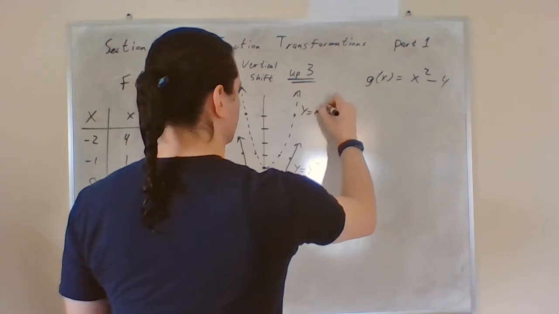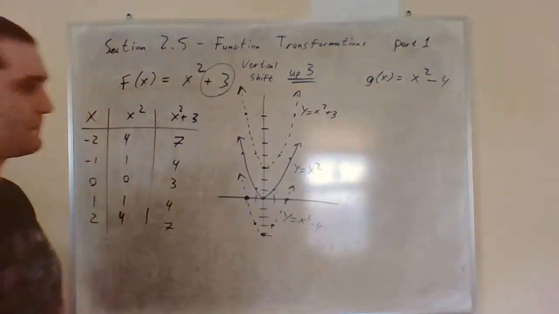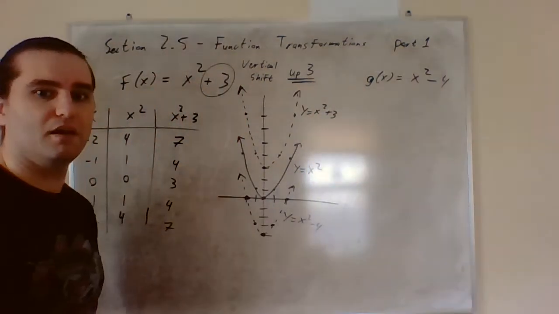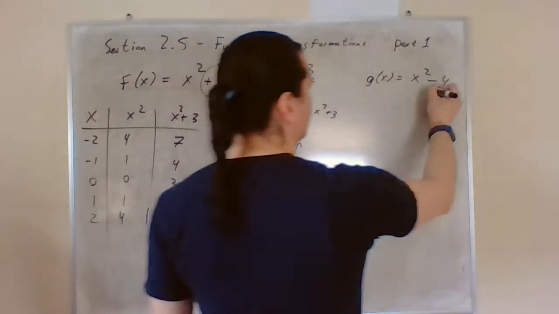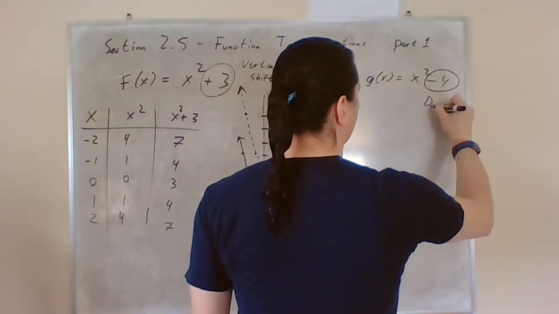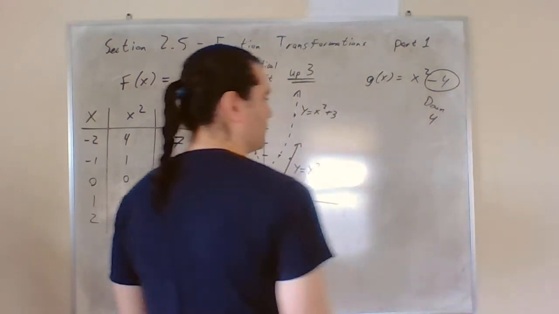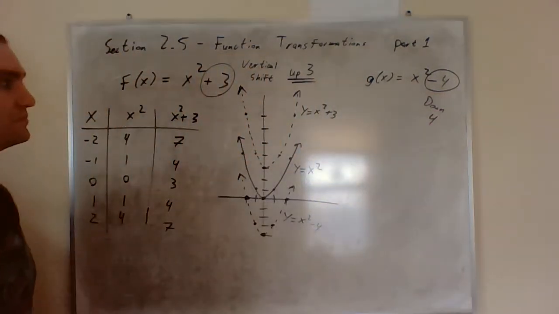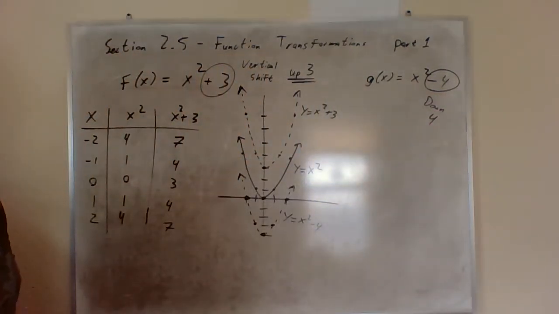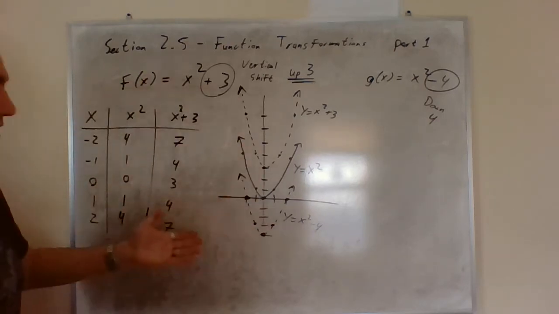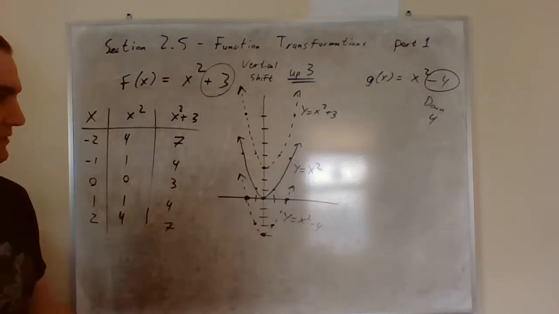This is y equals x squared plus 3. So this one just means down 4 units. So that's what's happening here with vertical shifts up and down.